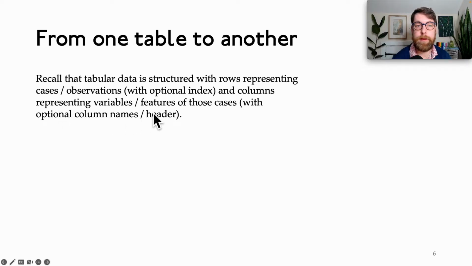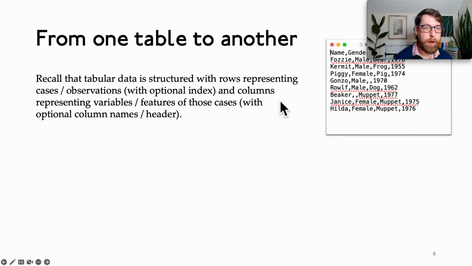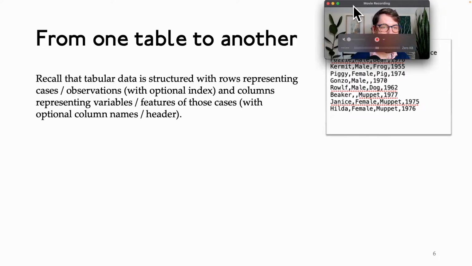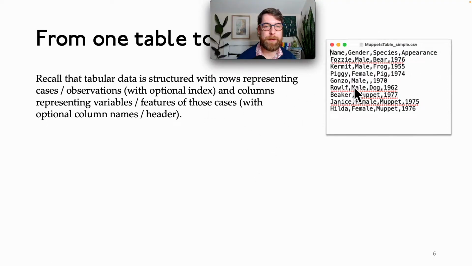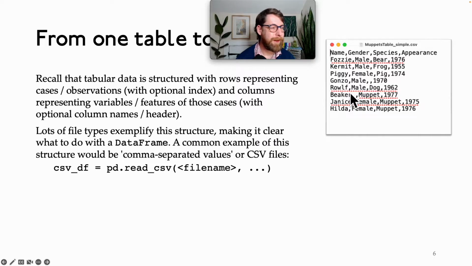And here we can see an example in a text file of what might be a CSV file. It's a comma separated values file, and this is a really common structure, where we would take this as a table and then pop it right into a data frame. You can do that in pandas with pandas.read_csv, and there's the file name right there.